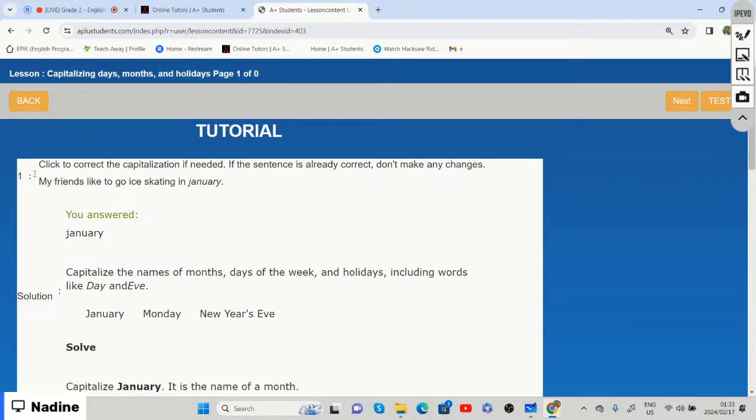So, for example, my friends like to go ice skating in January. The word January, is it written correctly? It says that we need to capitalize names of the months of the year, and January is a month of the year.